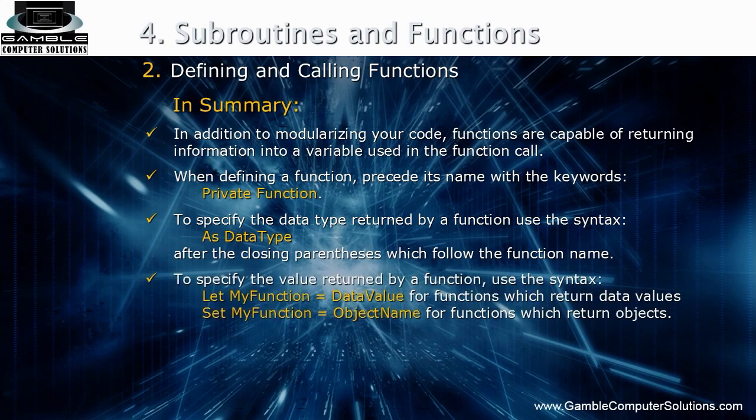To specify the value returned by a function, use the syntax let my function equal data value for functions which return data values, or set my function equal to object name for functions which return objects.